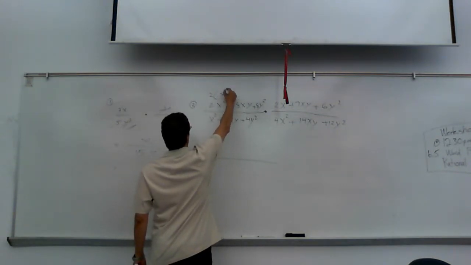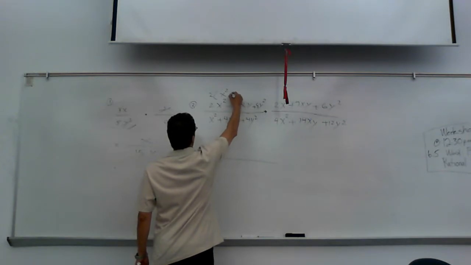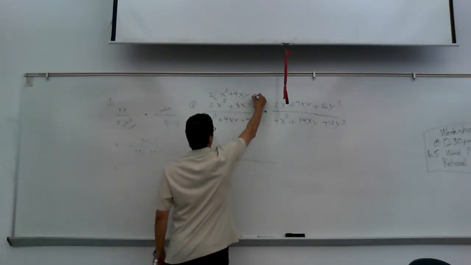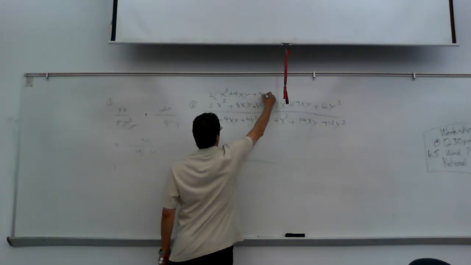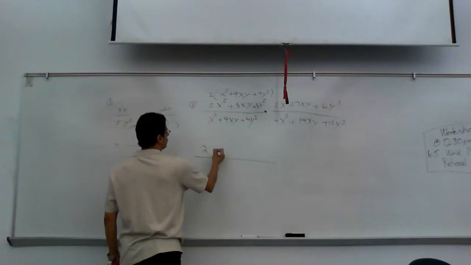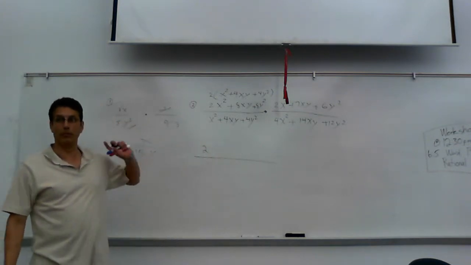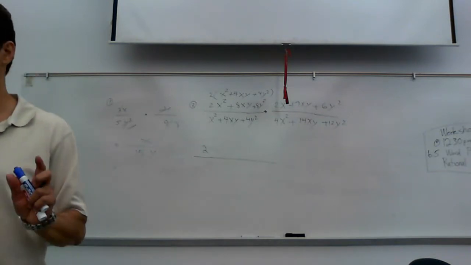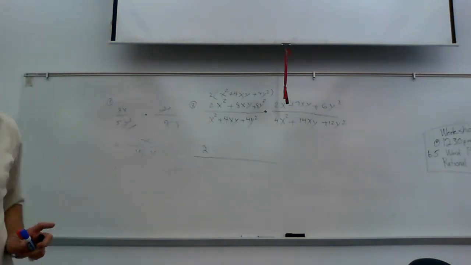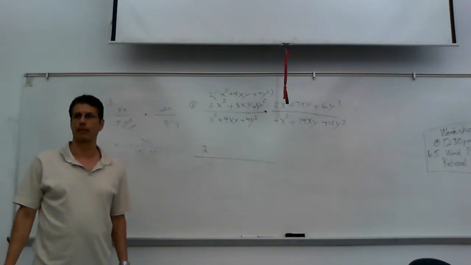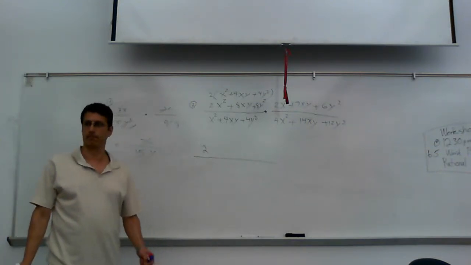X squared plus 4xy. I think it was plus unless I copied it wrong. Yes, copied it wrong. So this becomes 2 times what? Now I'm just looking at the top. Is everybody with me? Never mind the rest. So I'm going to completely factor it. Is the top done? So what else can we do?